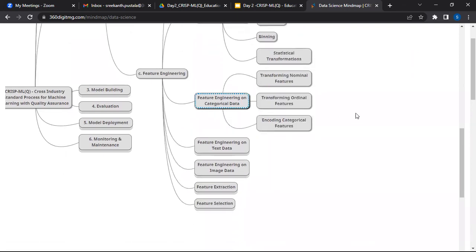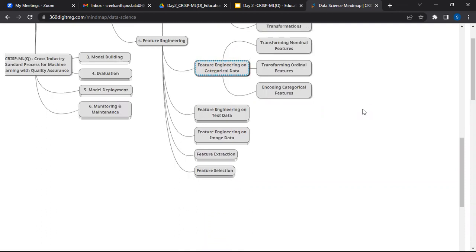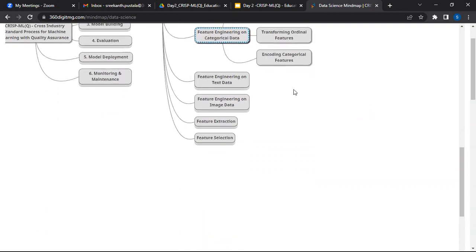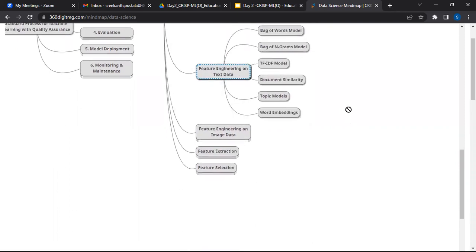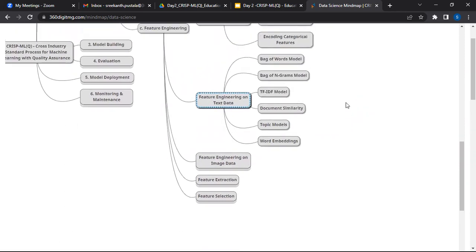When it comes to feature engineering on categorical data, we have transforming nominal features, transforming ordinal features, and encoding categories. When it comes to text data, we have certain feature engineering methods like bag of words model, bag of n-grams model, TF-IDF model, document similarity, topic models, and word embeddings.